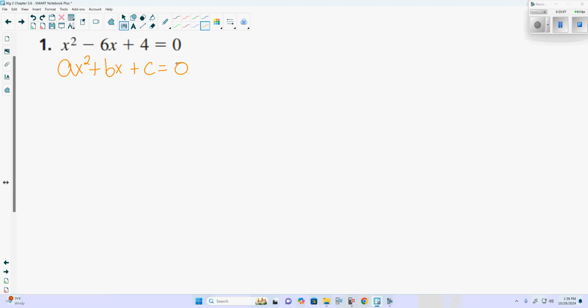We can just get a, b, and c from the equation itself. So looking at this equation here, our value of a would be what? 1. Our value of b would be -6, and the value of c is +4.